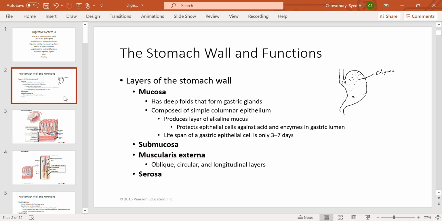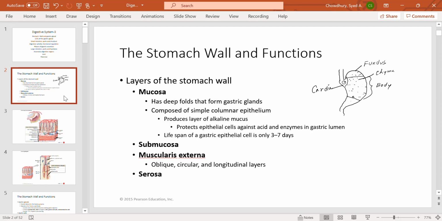And if you see the stomach, it has four different parts. The area or part where this esophagus enters, this part is called the cardia, okay, and this dome shaped part is called the fundus, and this wide middle portion, that's the main part, is called the stomach body.